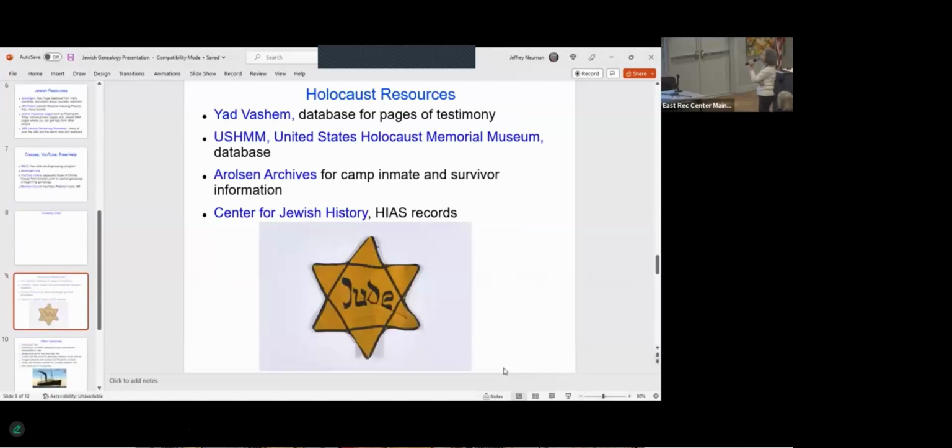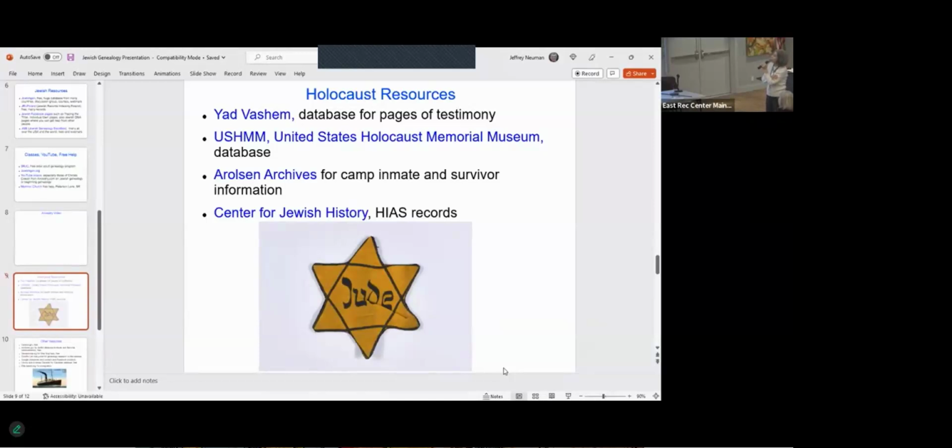Okay, so Holocaust resources. There's Yad Vashem, which is a database from Israel with pages of testimony from people who knew firsthand somebody who died in the Holocaust and giving you information about them. There's lots of information on Yad Vashem. There's also USHMM, the United States Holocaust Memorial Museum.